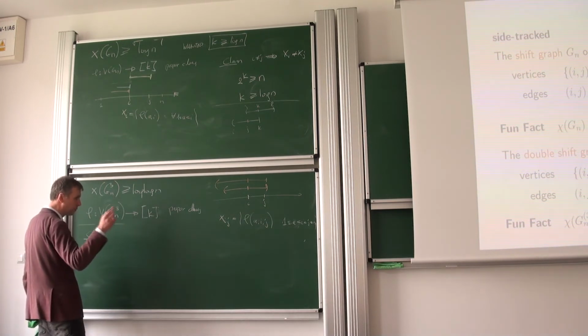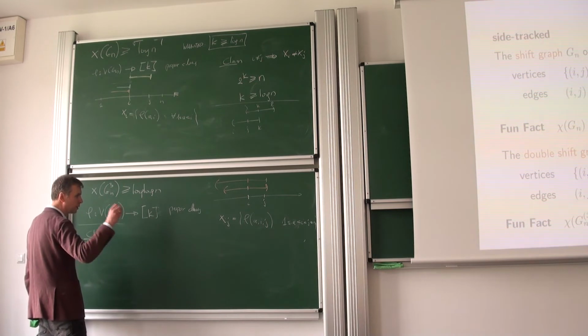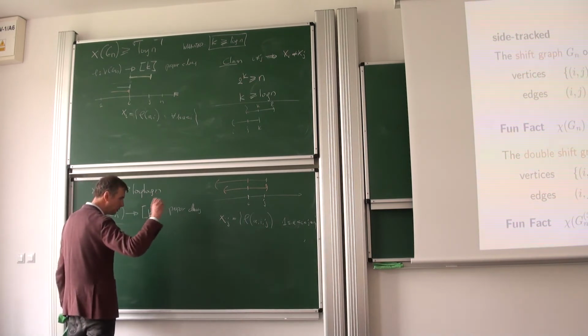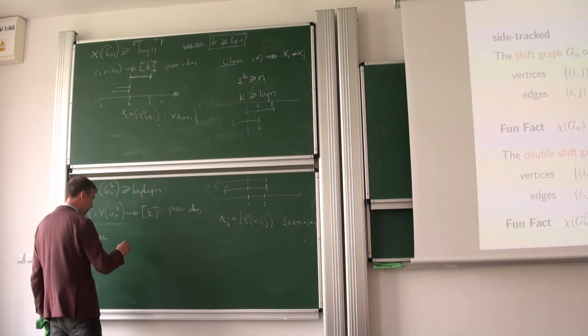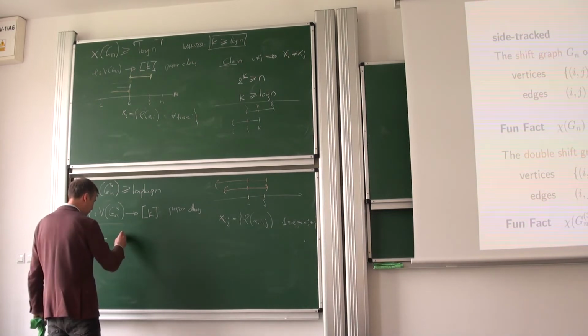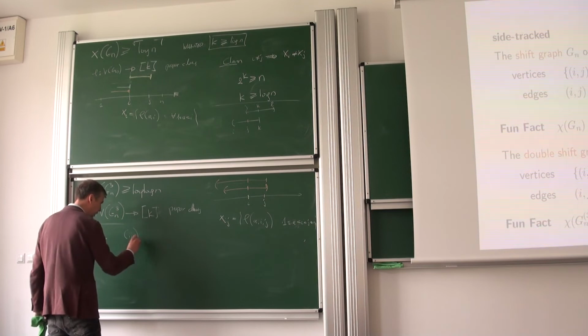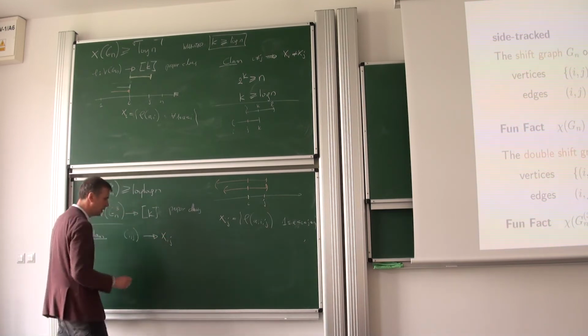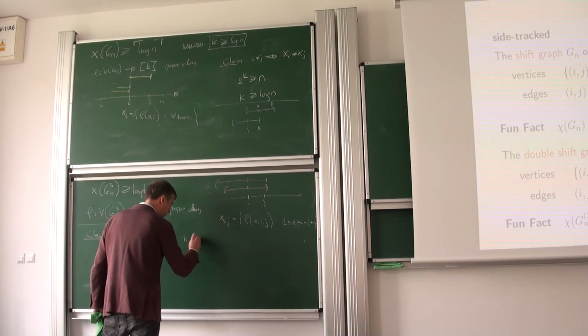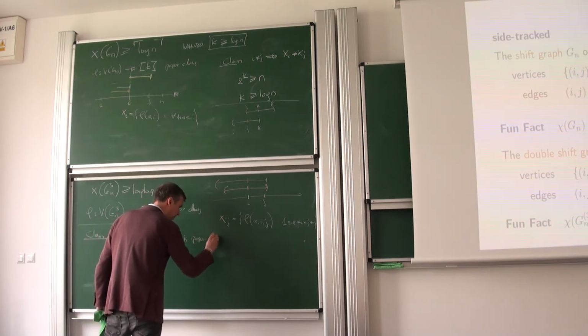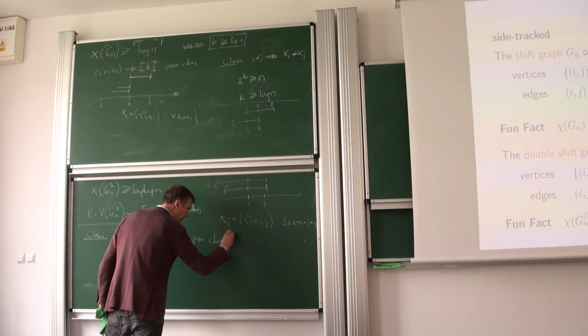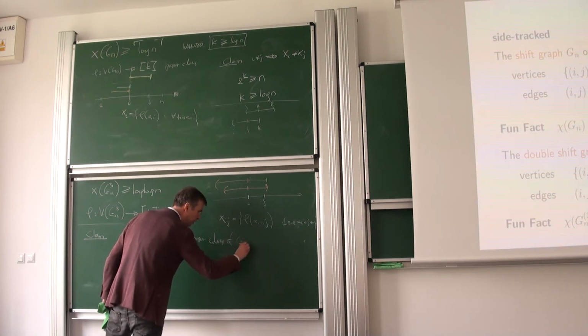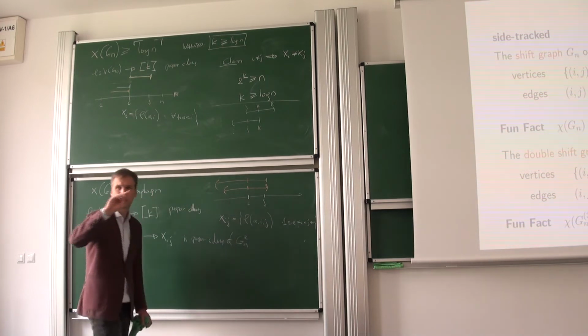So if you consider sending a pair ij to its subset xij, then it's a proper coloring of Gn, the usual. Now I can put number 2 indicating that I'm talking about pairs.